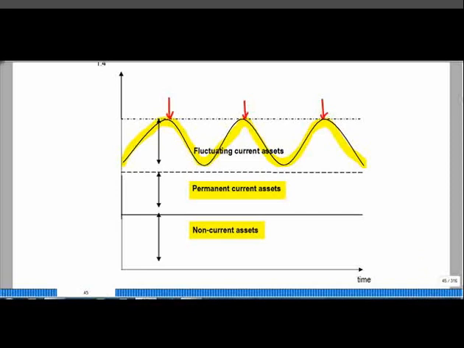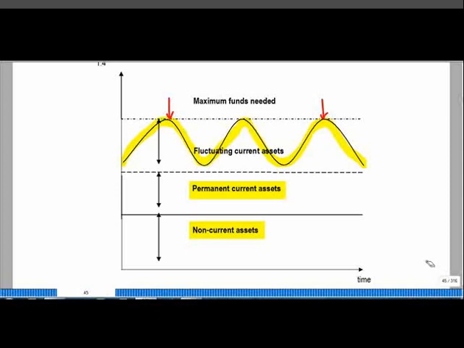So in these particular months, we're going to have very high requirements for funds, and there'll be a certain maximum amount of funds needed in those months. Now this diagram is very much a simplification of reality, but we're just going to work with it for the moment. And we can use it to demonstrate at least two different approaches to working capital finance.